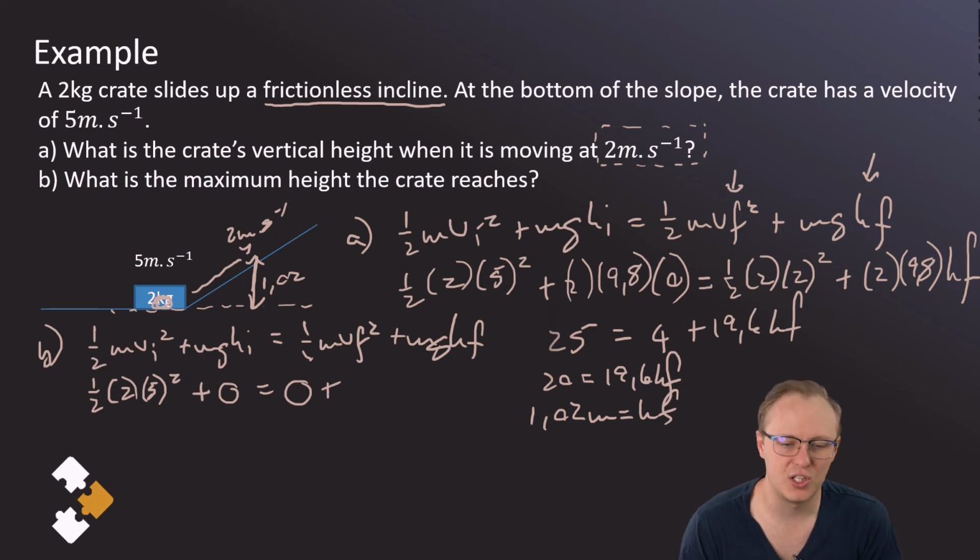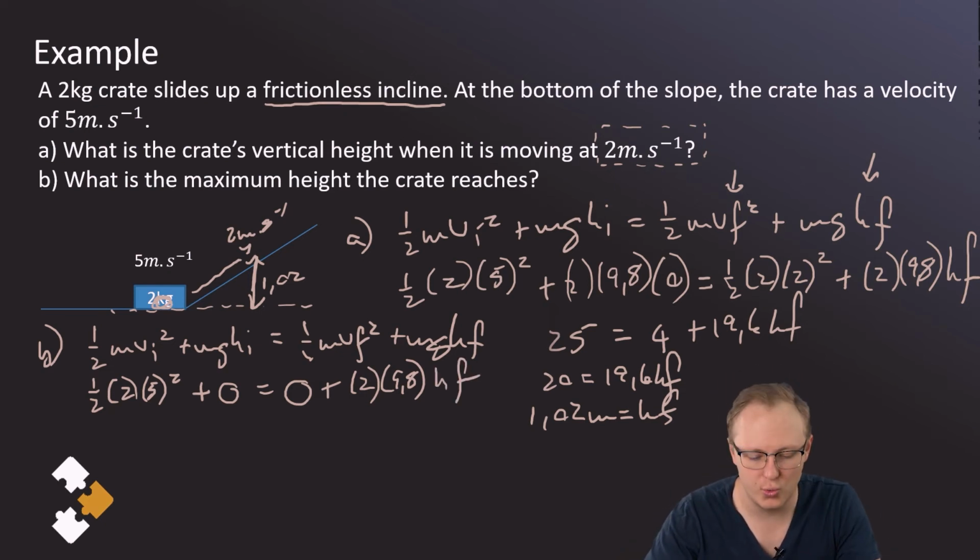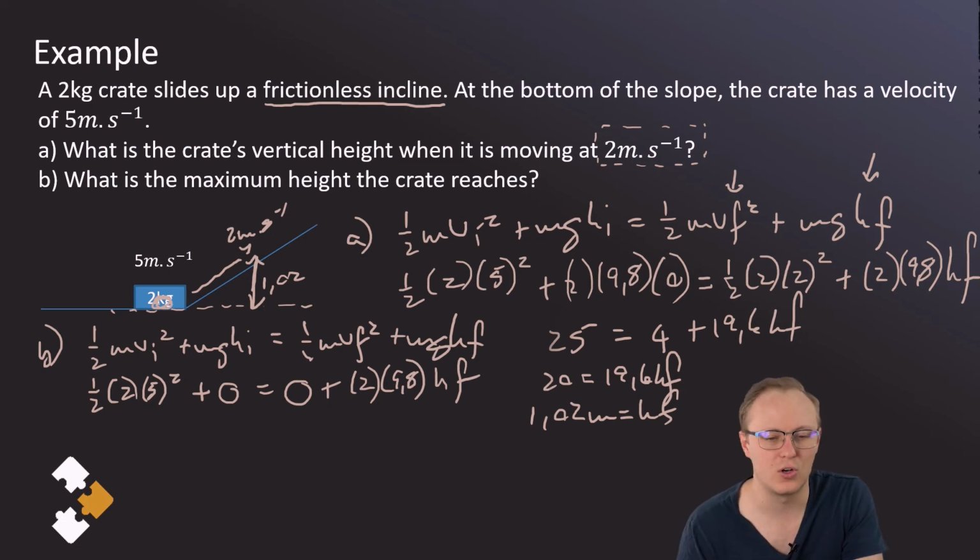And then plus m g h, that's still going to be 2 times 9.8 times h_f, which is going to be that maximum height, right? So now all we do is go 0.5 times 2 times 5 squared, and again we get 25, and then we just have to divide it by the coefficient of h_f, which is that 2 times 9.8, and so we get an answer of 1.28.